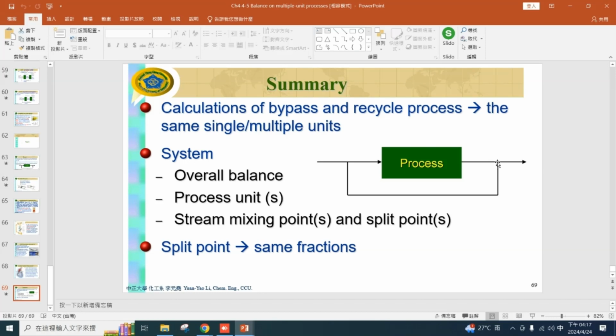However, if the stream comes from the output and goes back to the input and joins the input stream together and moves to the process, this is what we call recycle.